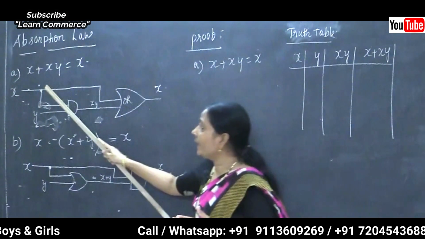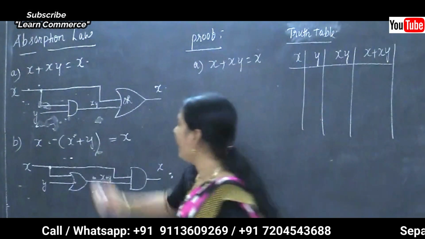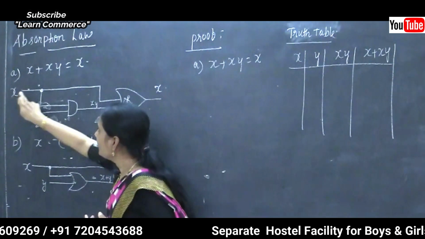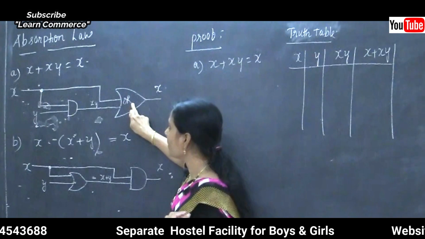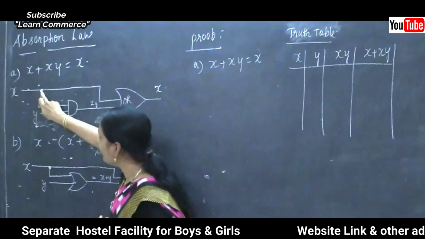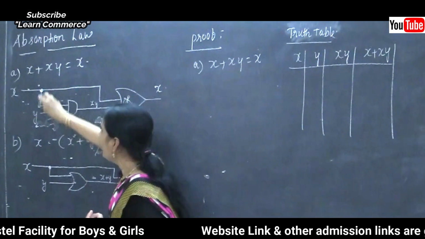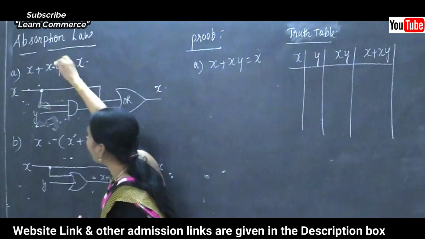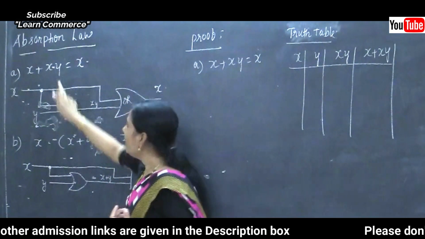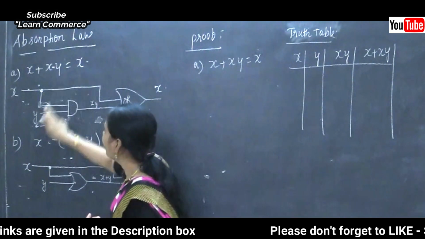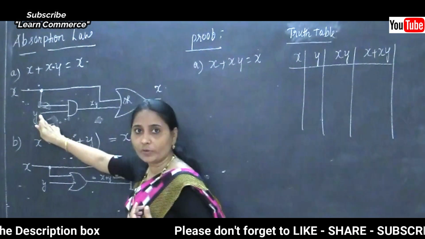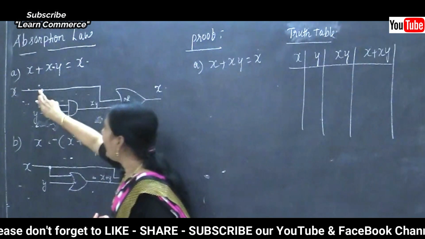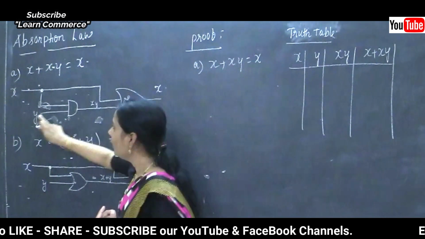Again we need to connect to the x, and the plus is the OR operator. After connecting the x, the dot is the AND gate, and y. Clear this point? How we completed x or x and y.